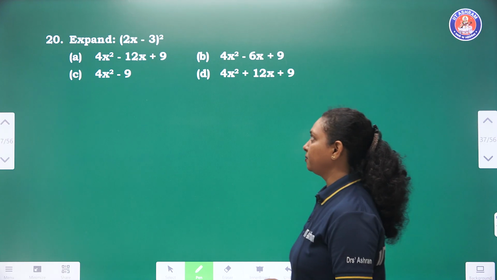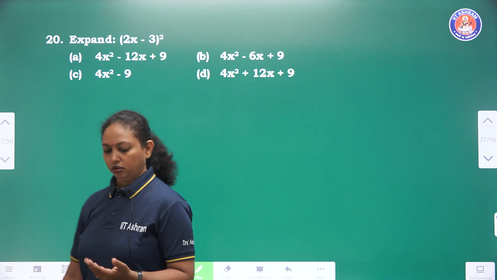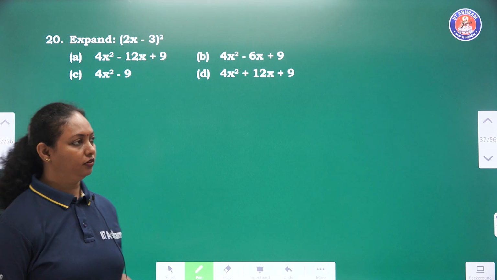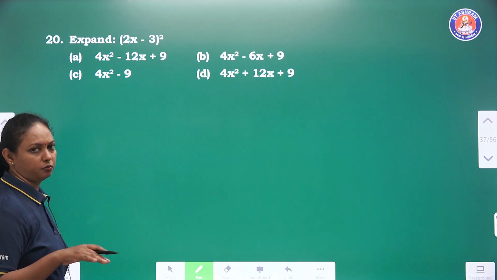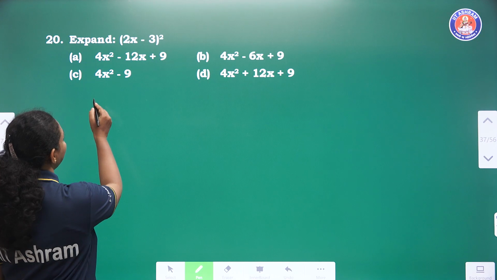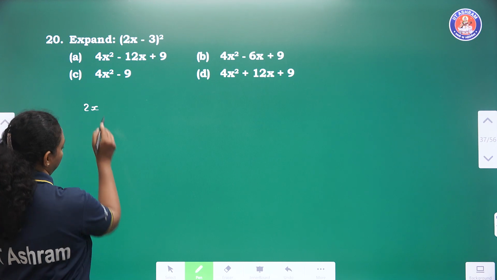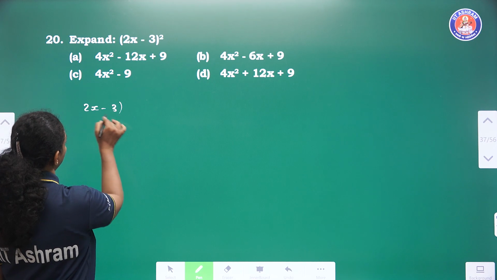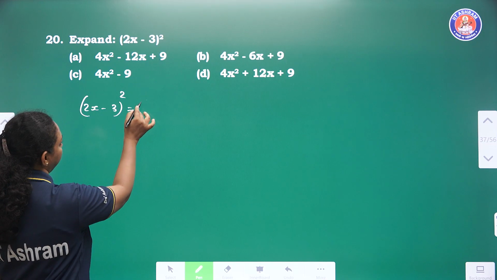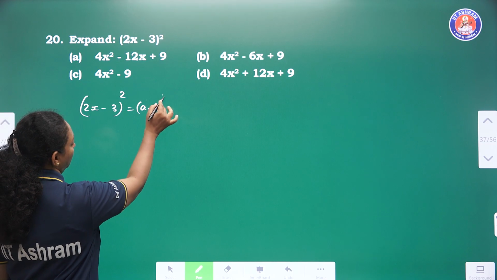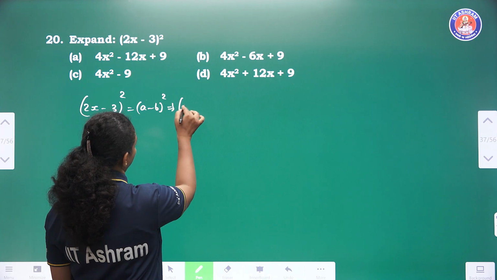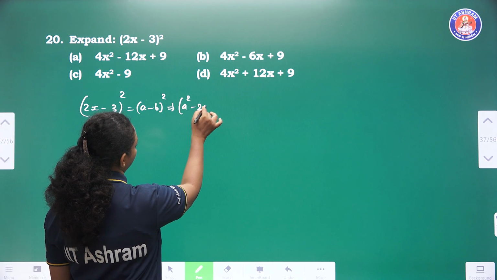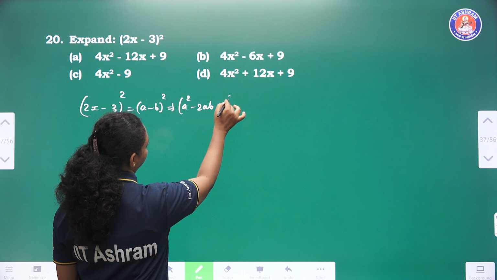Expand 2x minus 3 whole square. If you know the identity, very good, but if you do not, then we will go with simple multiplication. We just learn both the ways. Using the identity, a minus b whole square is a square minus 2ab plus b square.